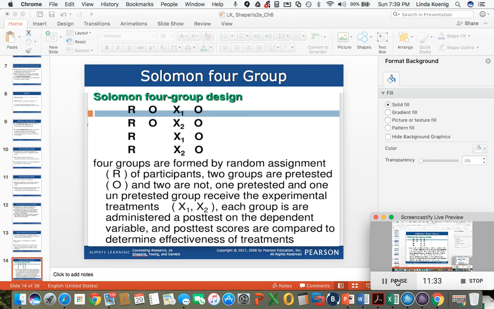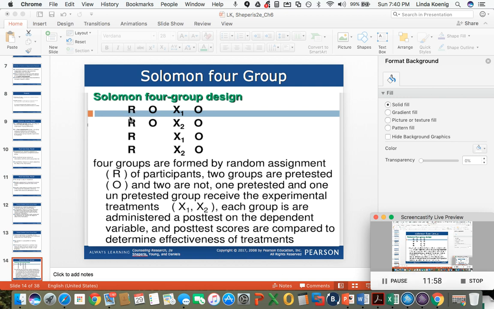Okay, sorry about that. So in a Solomon four-group design, we eliminate some of the issues with ensuring that we have equality at the beginning, but we can also account for any impact of the pretest. So in this slide, what you see is random assignment here.